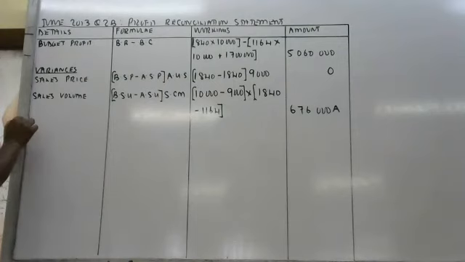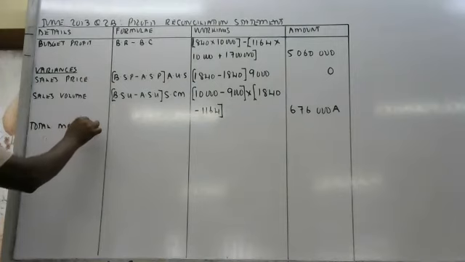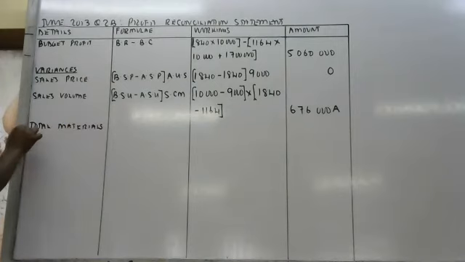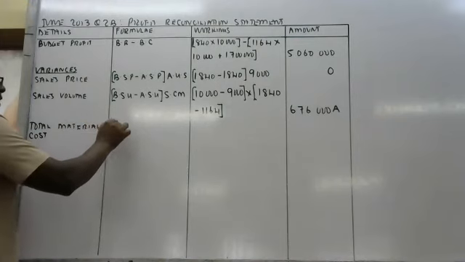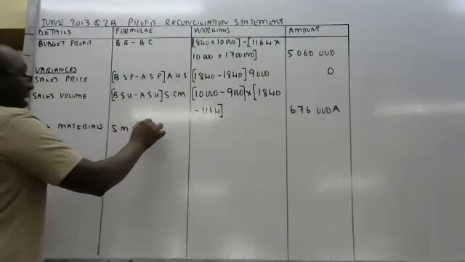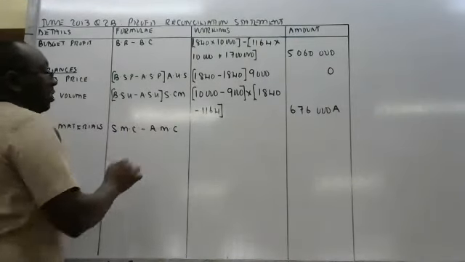The next one is total material costs. It is given as standard material costs minus actual material costs.